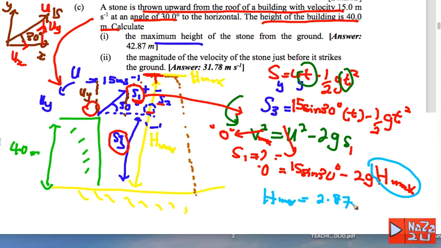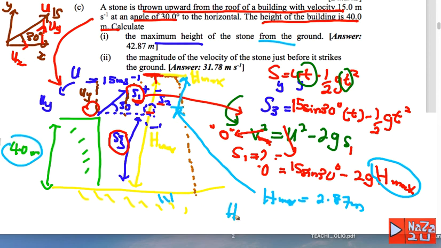But 2.87 meter is the distance from the top of the building to the maximum level. Because the question asks from the ground surface, you must add the value 40 meter.